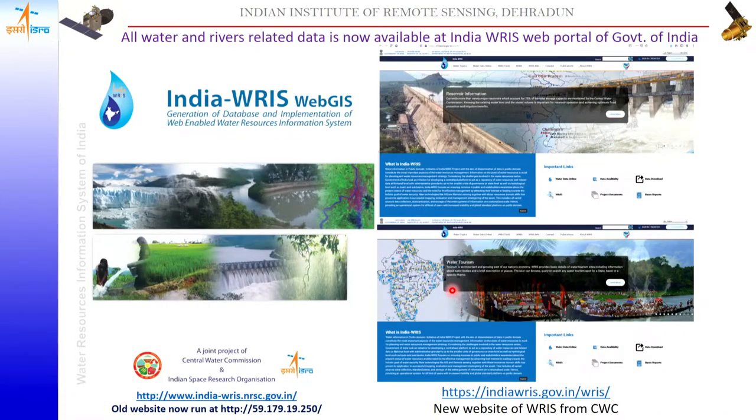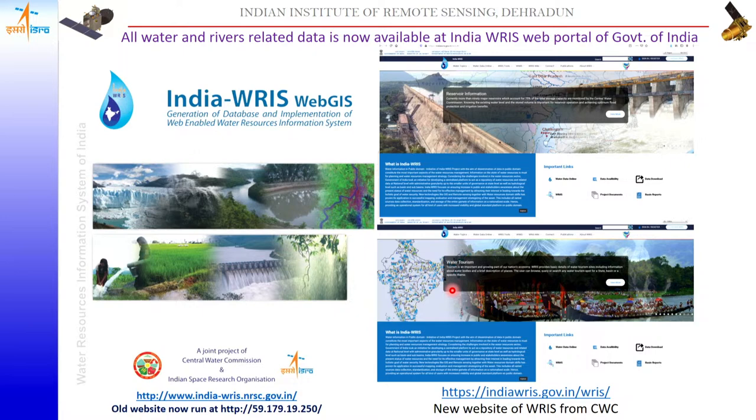So all this information is kept at the central site, and it is one of the success stories of two government departments, for example, Central Water Commission and Indian Space Research Organization joining hands to make one of the most popular and successful web GIS portals known as the Water Resource Information System.